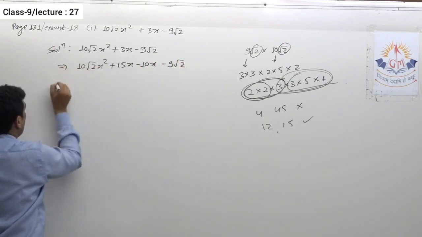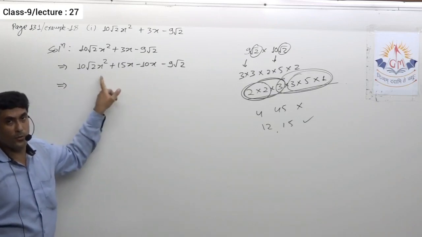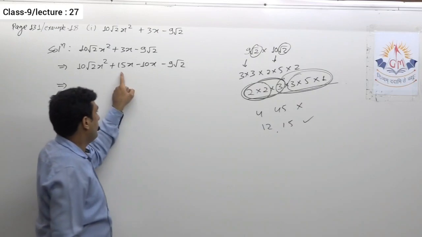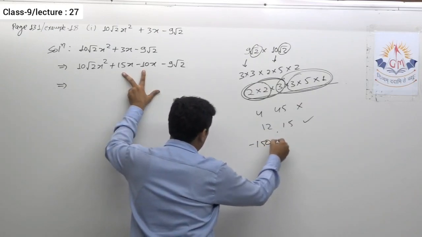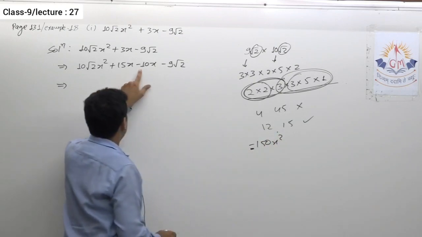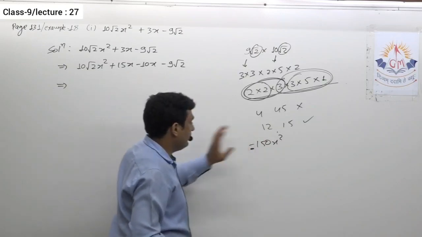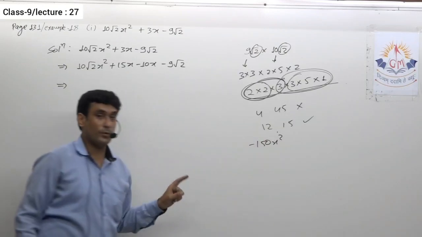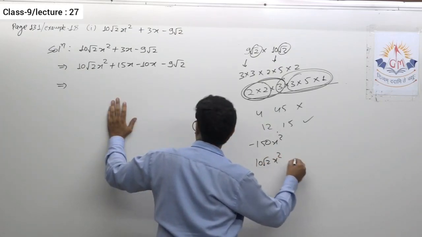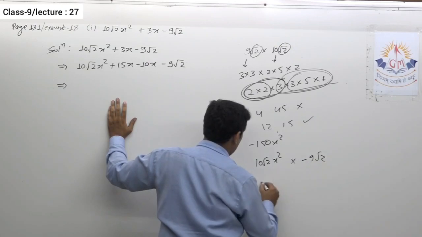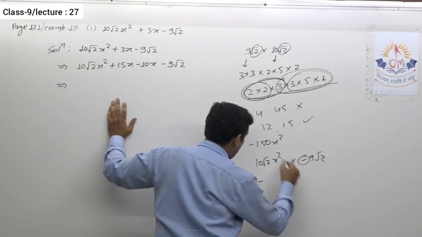Before I proceed, I check whether the product of the first two is the product of the first and last or not. So here the product of the middle terms is 150 x square with a negative sign, isn't it? Plus into minus, x multiplied by x square, 15 into 10, 150. Now this should be the product of the first and last, 10 root 2 x square and minus 9 root 2. So definitely it is negative. Definitely it has x square.